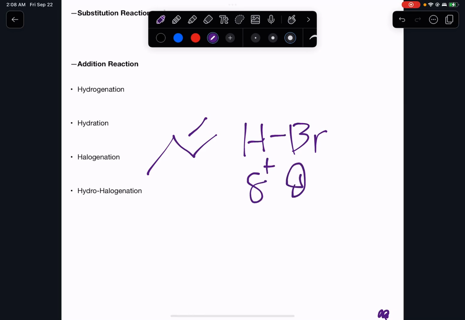And the bromine atom has a partial negative charge. They're kind of like ionic, basically: one is positive, one is negative. The double bond is going to react with the hydrogen and bromine, and that's where the bond is going to break.